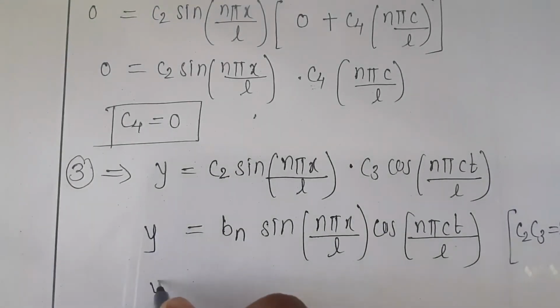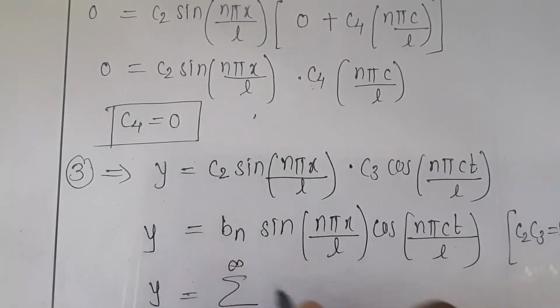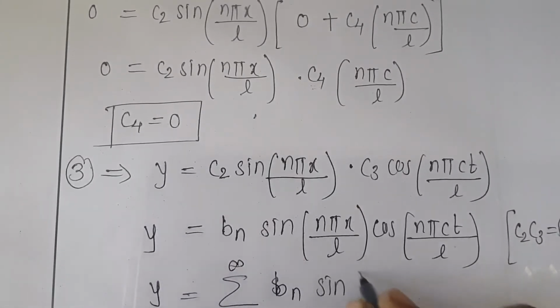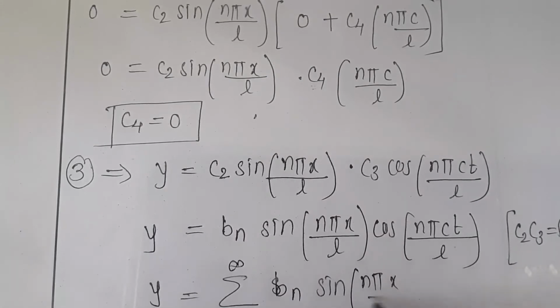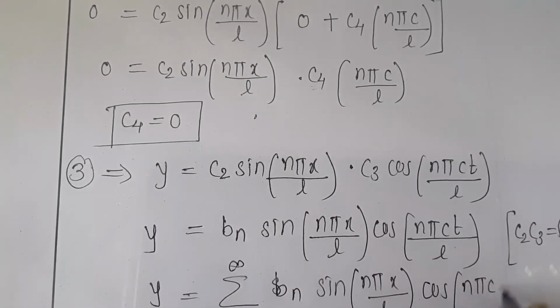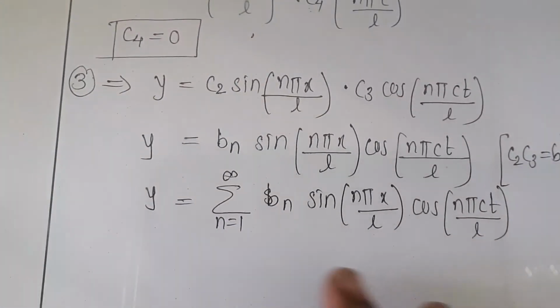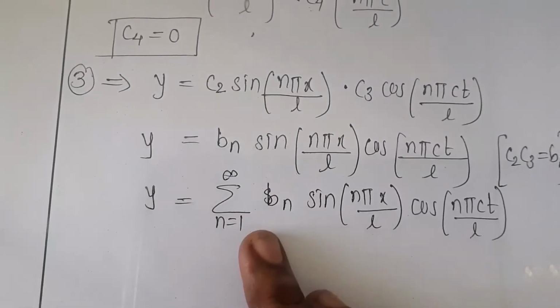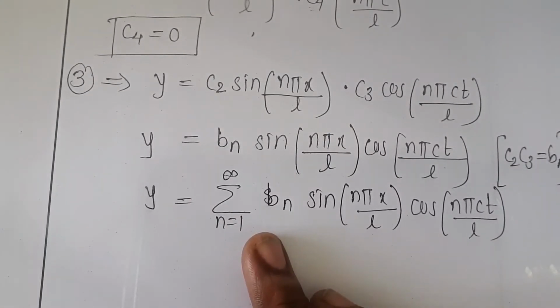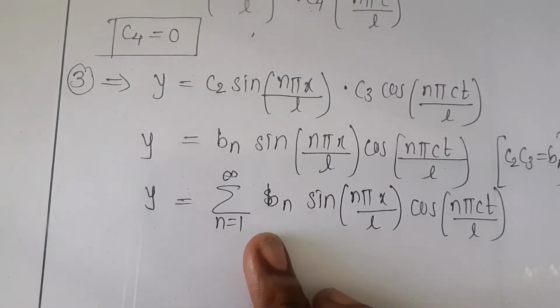Next, we can write this solution as summation of n is equal to 1 to infinity Bn multiplied by sin of n pi x by L multiplied by cos of n pi Ct by L. In the previous lecture we discussed that we can find this Bn by using Fourier series.